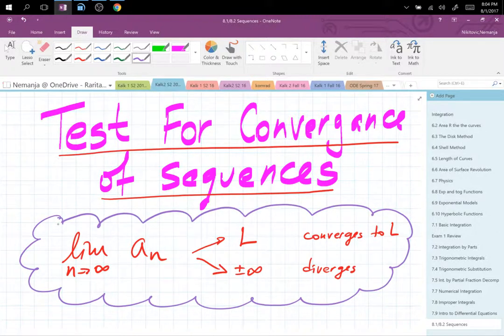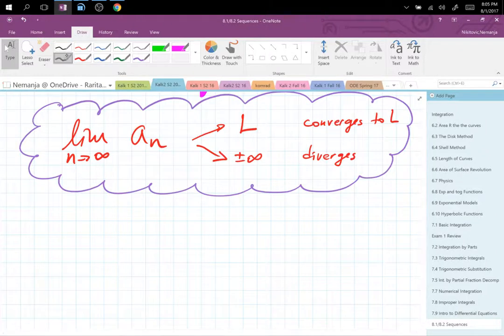So you will be memorizing these guys, and you will see that this chapter is either going to be extremely easy or just hell on earth. It's one or the other. There is no, it's okay. That just doesn't exist. So now what I want to do is I want to test some of the sequences. So test for convergence.